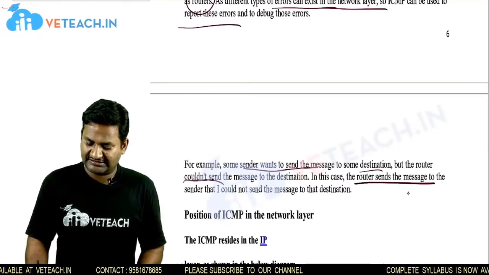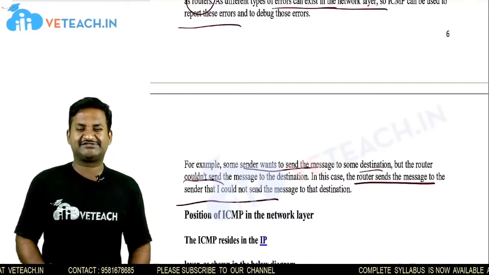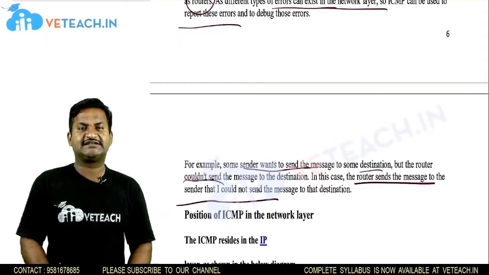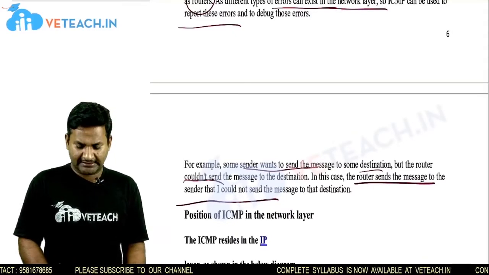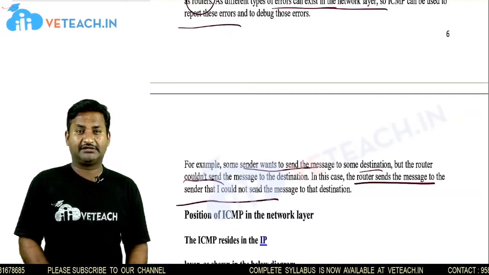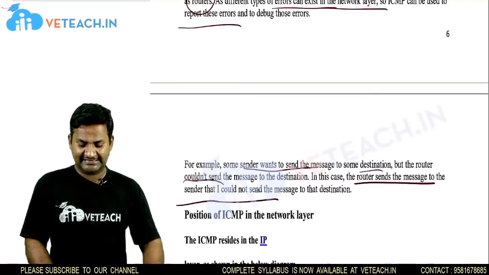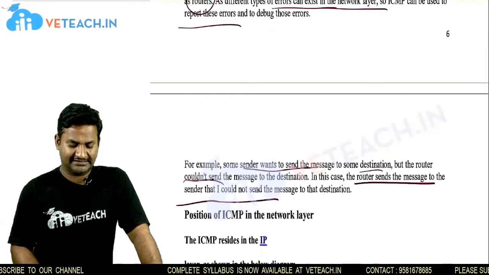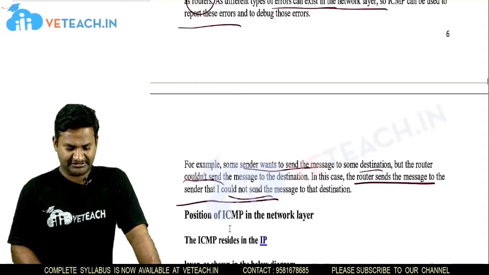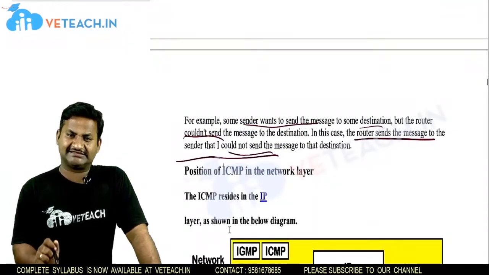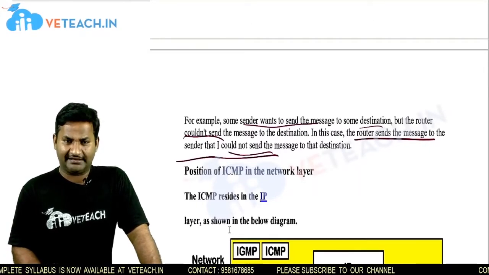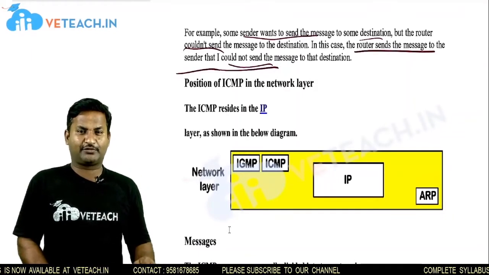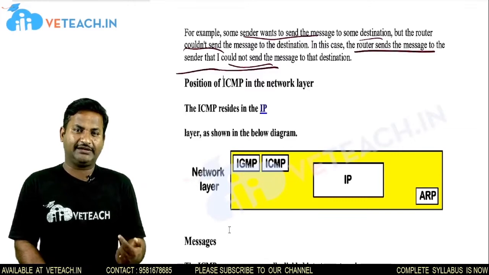ICMP identifies the exact position of the router, what technical problem occurred in the router, and how it will be resolved.